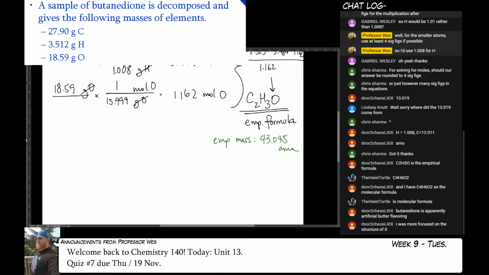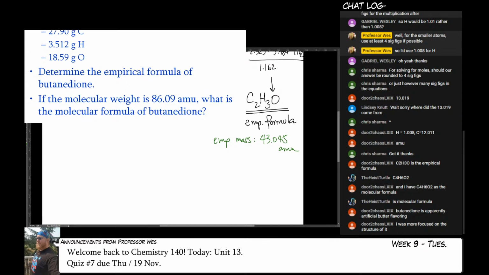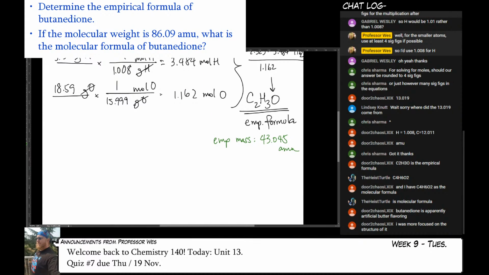All right, so now let's do the molecular formula. I actually need to extend this down again because I don't remember what I assumed, like 86 or something, but I didn't know the exact number. So now, if the molecular weight is 86.09, what is the molecular formula?